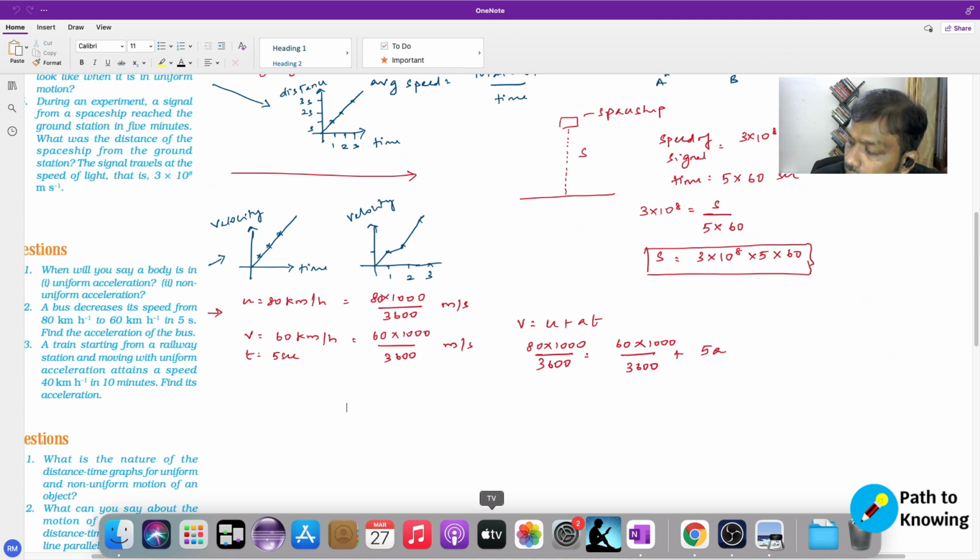So if you rearrange this equation and bring this out here, it becomes 20 into 1000 over 3600 equals 5a.